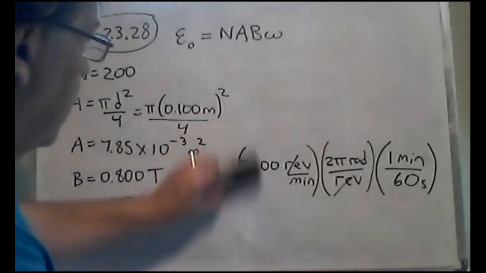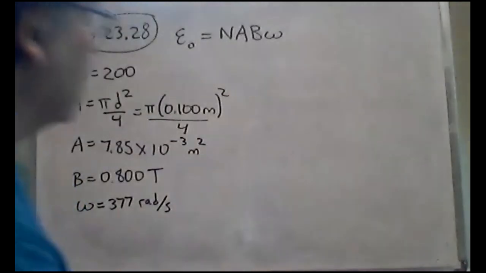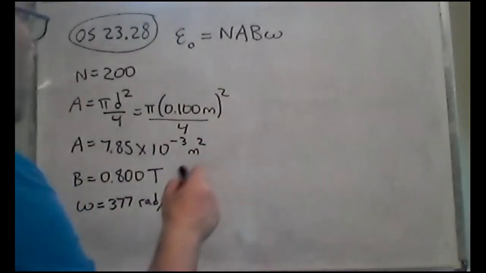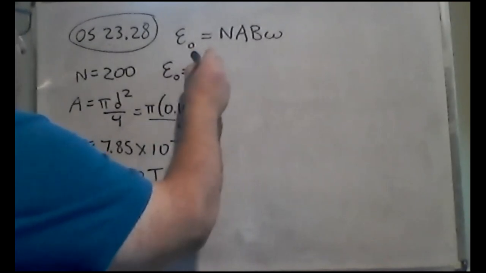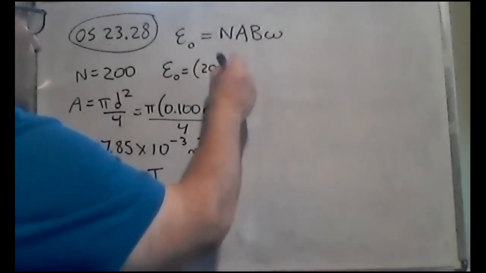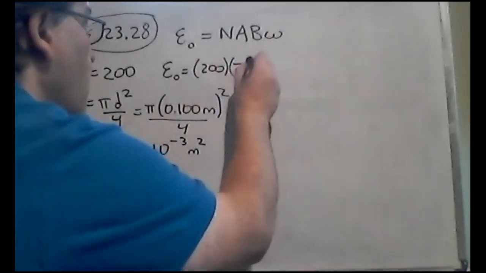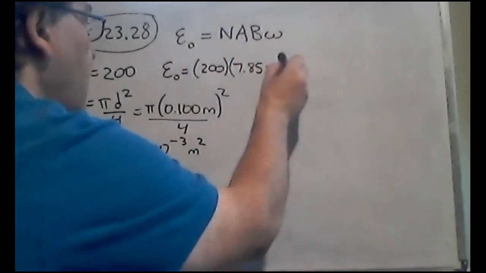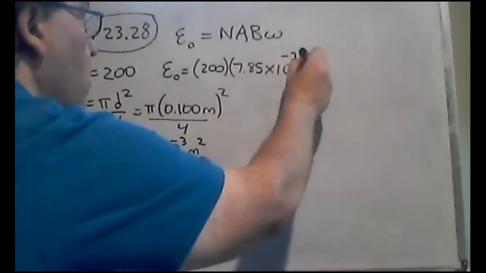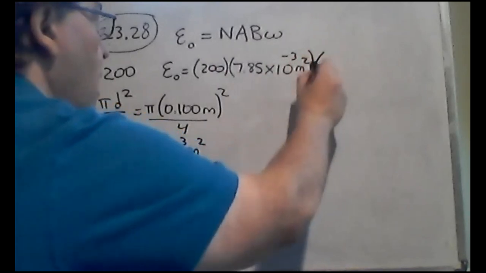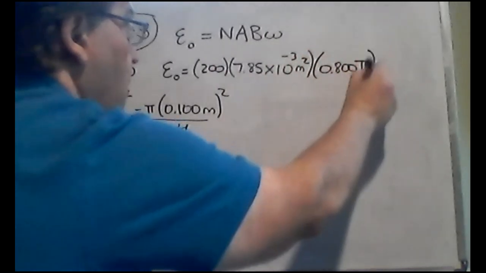And let's put it all together. Epsilon naught is 200. That's my N. My A is 7.85 times 10 to the negative 3 meters squared. My B is 0.800 Tesla.